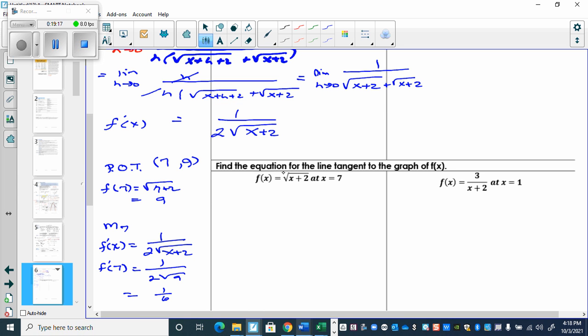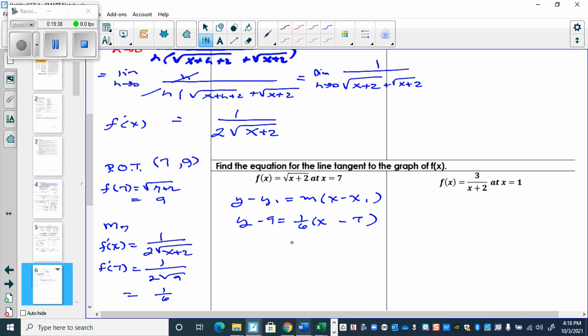Now I have everything that's important here. I can use point slope to find this tangent line equation: y minus 9 equals 1/6 times x minus 7.